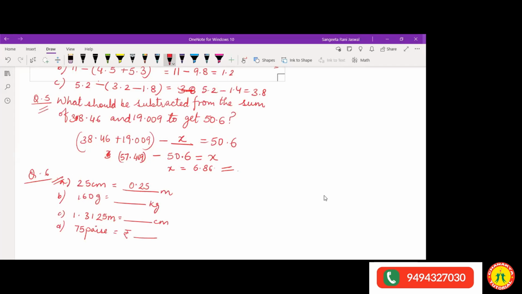Ma'am, shall I say? Okay, tell, Advika. Ma'am, 0.0160 kg. Yes, this is 160 grams. When you convert it to kg, you divide by 1000, no? So that will be 0.